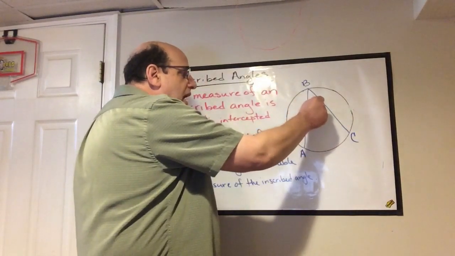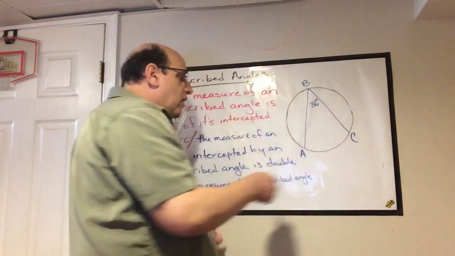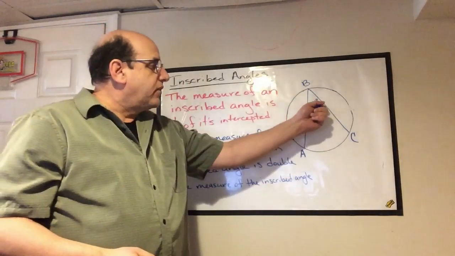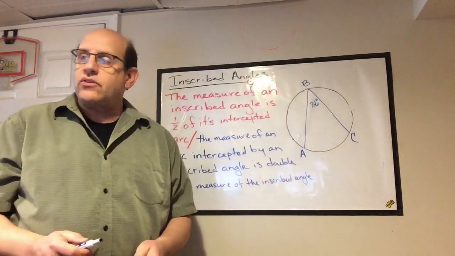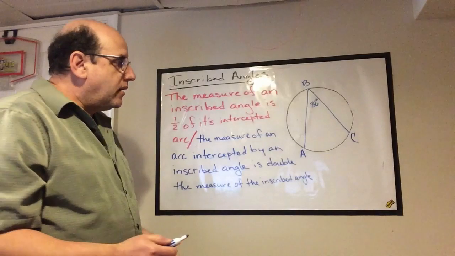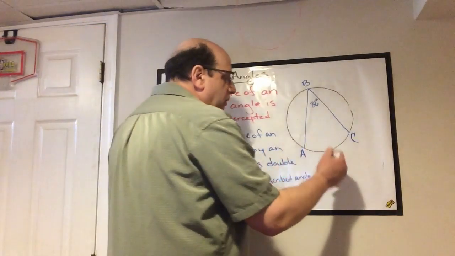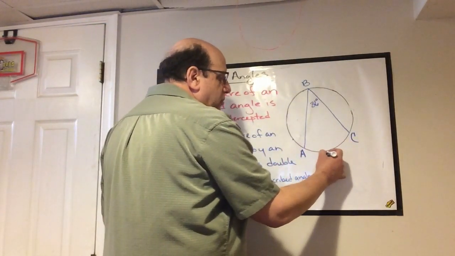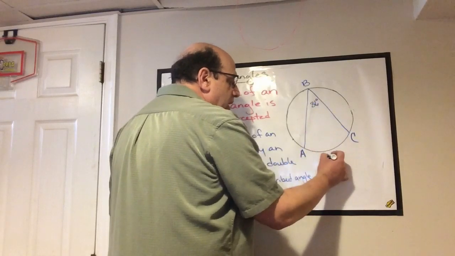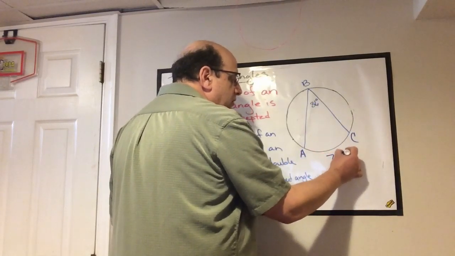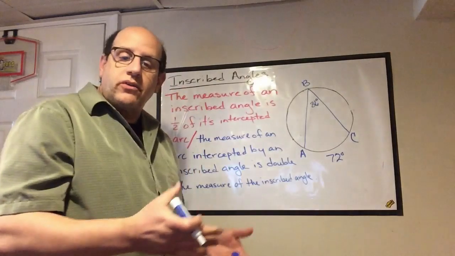And if this is half of that arc, then all we have to do is double that 36, and we have our answer. Okay. So if we double our 36, all you have to do is multiply it by 2. But if you can do it in your head, then we know that it's 72. Right? So there's number one.